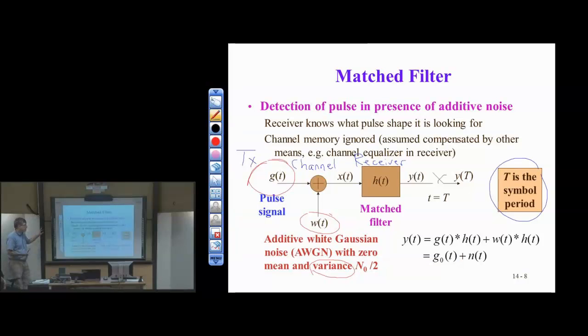For our application, it's the symbol period that we're interested in. We want to try to detect a particular amplitude. We want to set up a good estimate of the symbol amplitude that had been used in the transmitter. And that estimate of the symbol amplitude resides here. So this is the estimate of the symbol amplitude per symbol period.